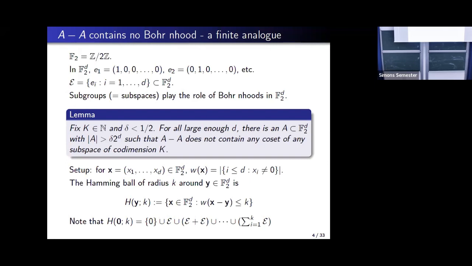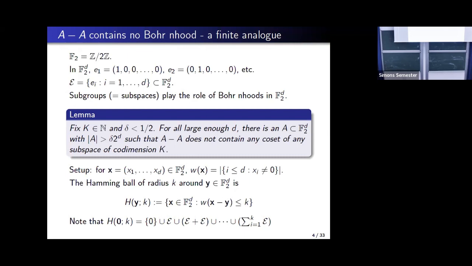The Hamming ball of radius K around an element Y in F2 to the D is just all the points that differ from Y in at most K indices. And it might be nice to observe that the Hamming ball of radius K around 0 is 0 together with the basis, plus the basis, and so on up to sums of K elements from the basis.